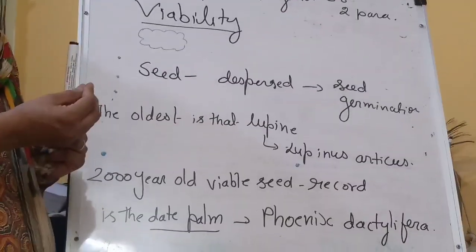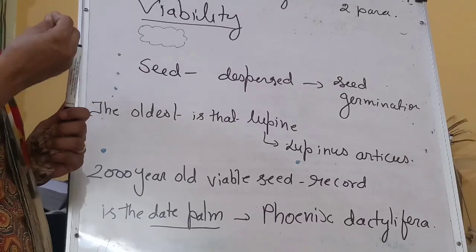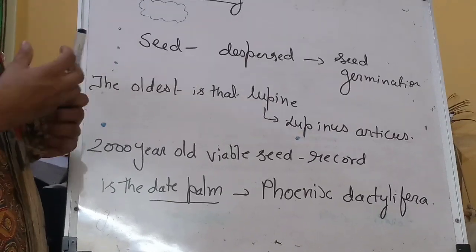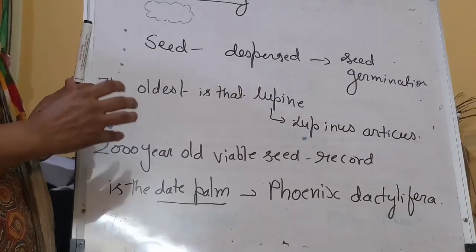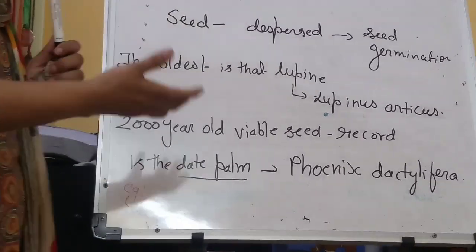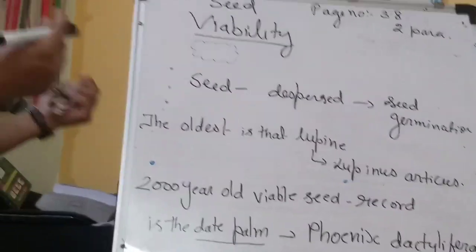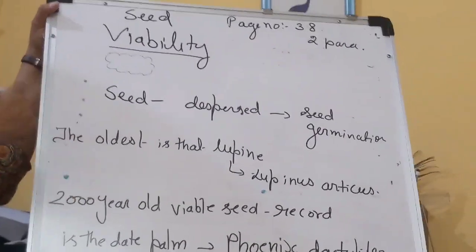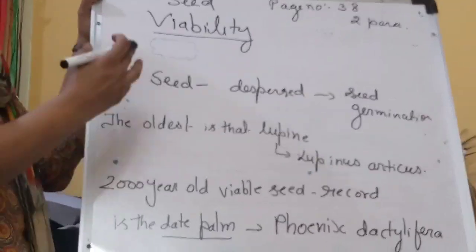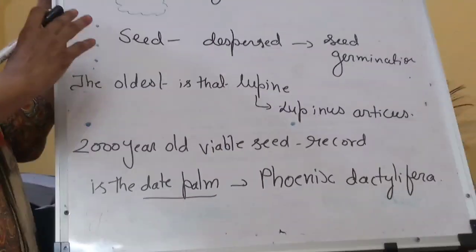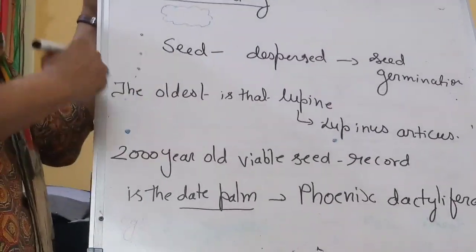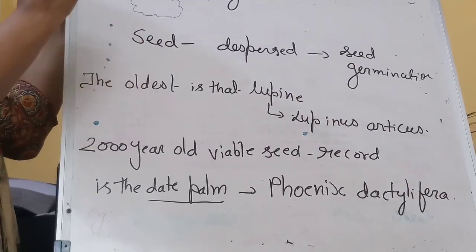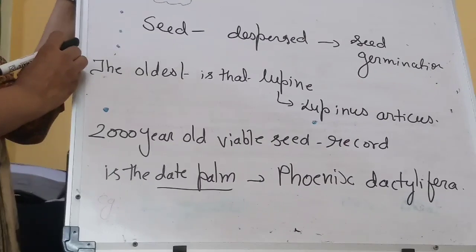Some species have a few months, some have only some hours, but some special species can remain on earth for years, even 2000 years or longer, the oldest seeds. After the seed is dispersed and before it germinates, the period when it is not active is called dormancy. A viable seed which is able to germinate shows seed viability.